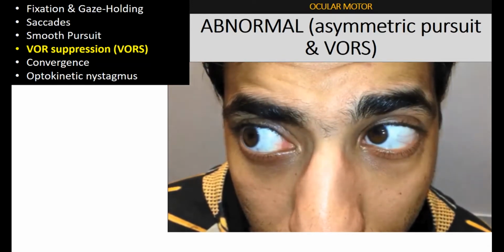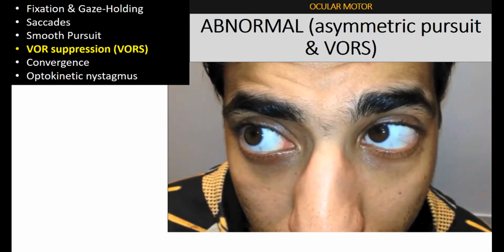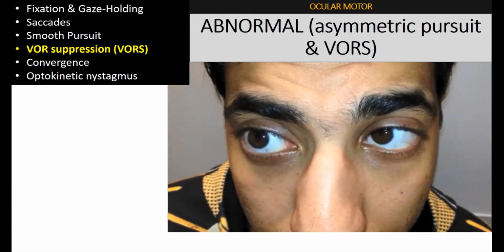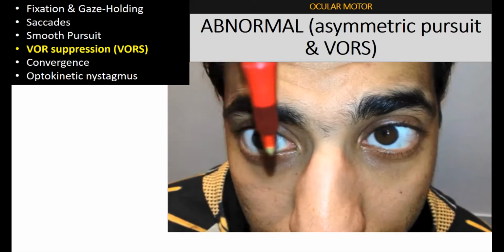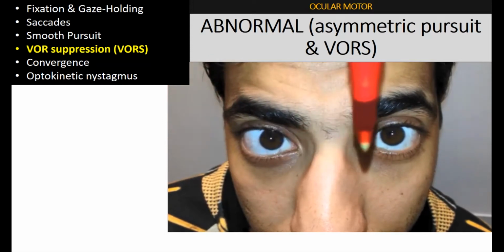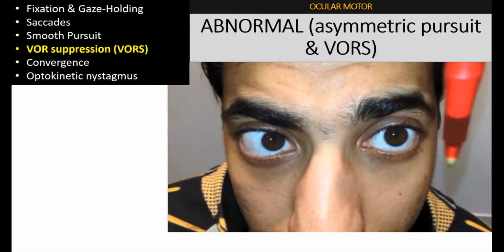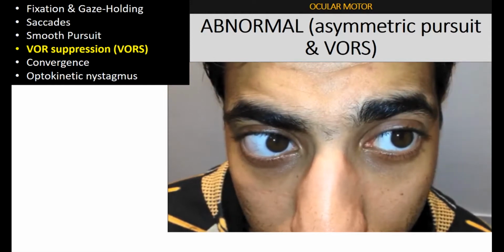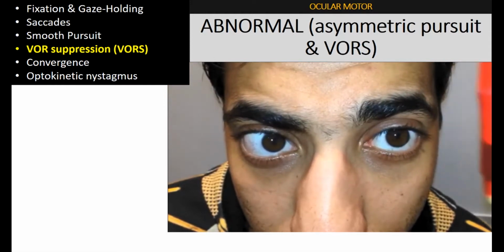Now he's looking at a distant target, and it's downbeating again. So it transitions depending on his vergence at that time. So convergence causes an upbeat, and diverging the eyes looking at a distant target causes a downbeat.